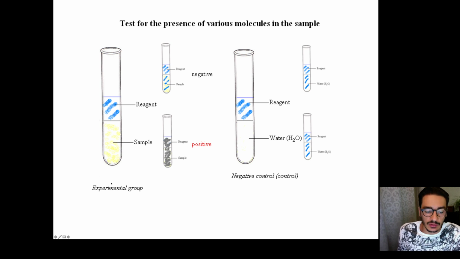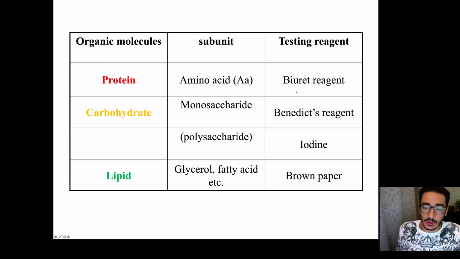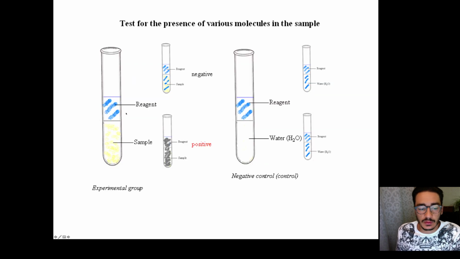So for example, you have an experimental group, you have a protein, and you put some reagent, which is gonna be Biuret for protein and Benedict for carbohydrates. Please remember this, right? If you have a sample which is a protein, you're gonna have a positive result.